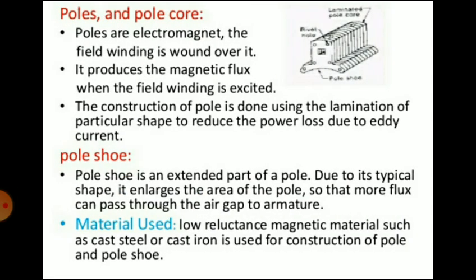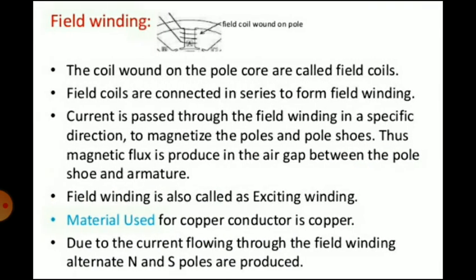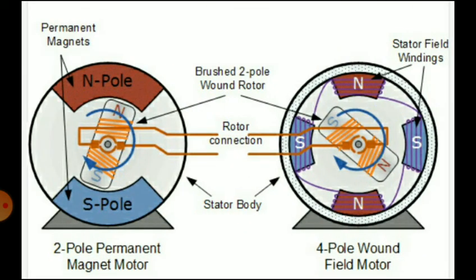Then poles and pole core. The poles are electromagnets. The field winding is wound over them. You can see in the second diagram the N and S poles are connected to the stator body or the yoke, and there is a winding over the poles.